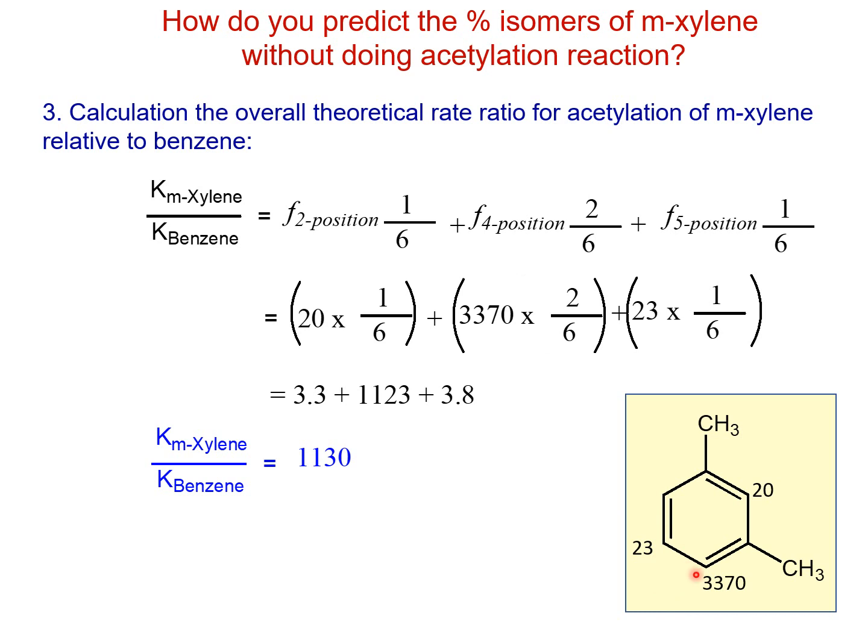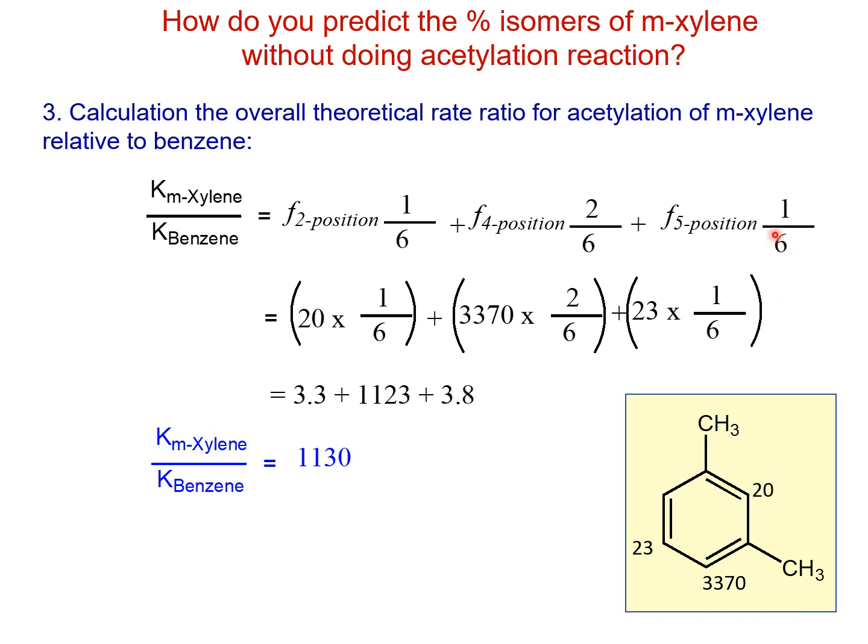The 4th position and 6th position are equivalent. So there are 2 equivalent positions that we are comparing with the 6 equivalent positions of benzene. So 2 by 6 is the next multiplication factor, and the 5th position is again a single position that we are comparing with the 6 positions of benzene.